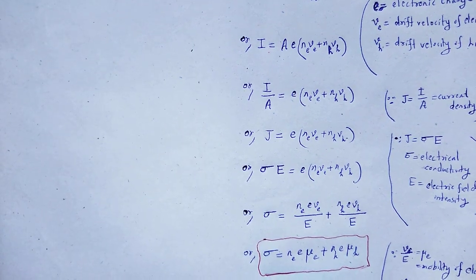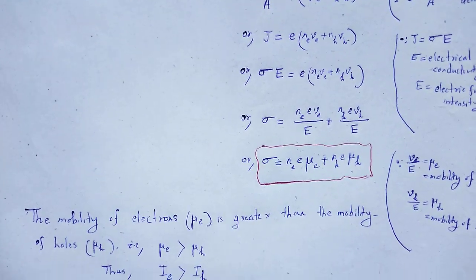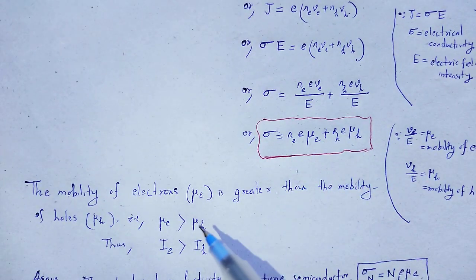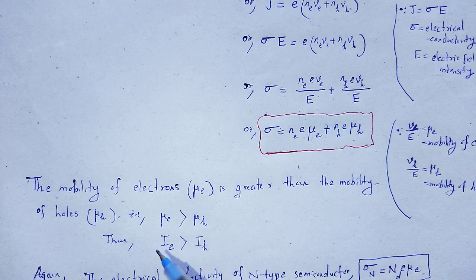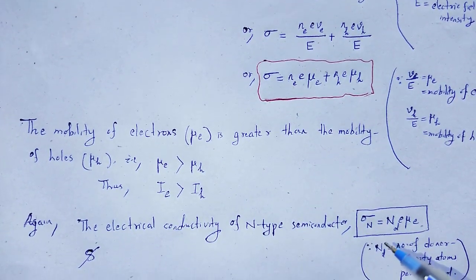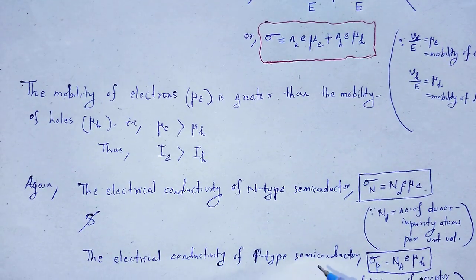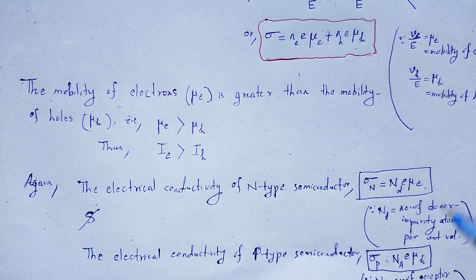As we classify the semiconductor into two categories, n type and p type, IE is greater than IH because the mobility of electrons is greater than the mobility of holes. For n type, we have the electrical conductivity and mobility relationship, and likewise for p type.